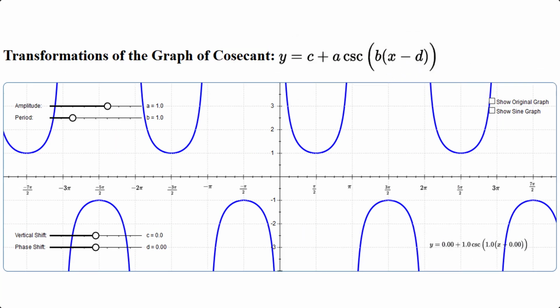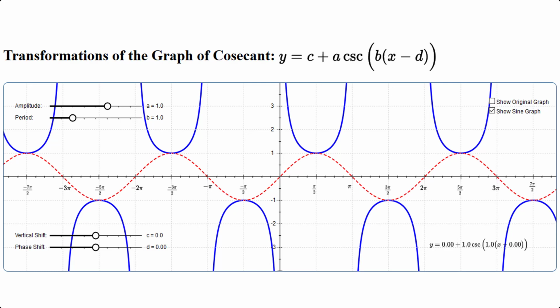Now, with everything reset, the next thing that I want to show you is what happens with the graph of sine. Because as I said, the easiest way to graph cosecant is to graph sine and then just fill in the u-shapes. So the same changes are going to occur to this sine wave as to the cosecant graph.